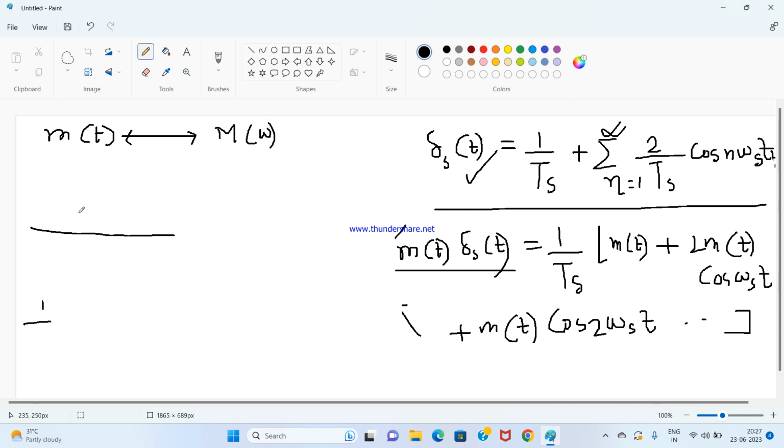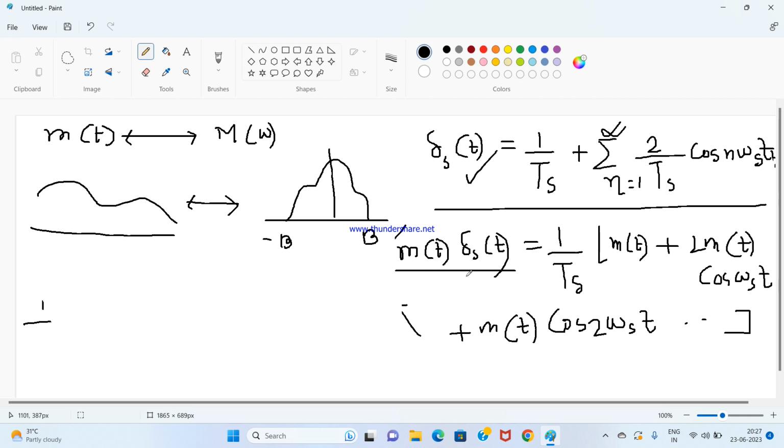That means your message signal was like this, and once it is converted from time domain to frequency domain, it may look something like this. The spectrum starts at minus B and exists till plus B, so within this range the spectrum exists.